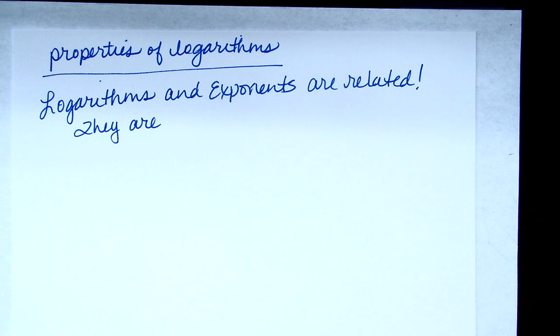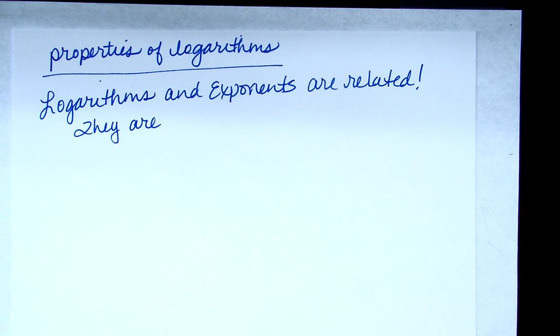So, I think I told you the other day that logarithms and exponents are related. It's important enough to tell you again to make sure you have it in your head and on your paper. Logarithms and exponents are related. How are they related?